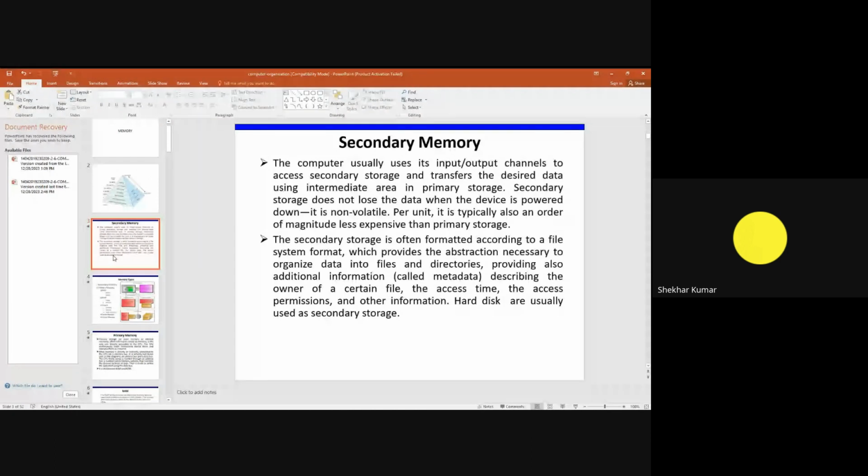So there is a requirement of primary memory, cache memory, and registers. Secondary storage is also much cheaper in comparison to primary memory, but it is slower. The access time and transfer rate are very slow in comparison to primary memory.